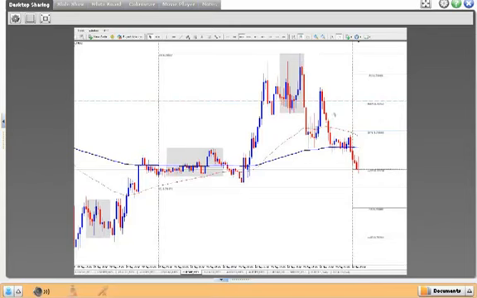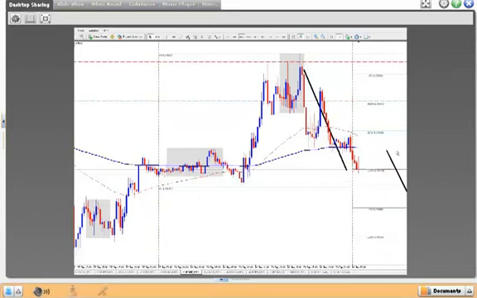Let's just take this for example. Let's say the market is starting, I'm not going to get too far into analyzing the euro pound, but let's just say we do have a very clear stop run on those highs that was immediately rejected. Whenever you see the price start from a stop run, it's a very clear indication that smart money is driving that price.